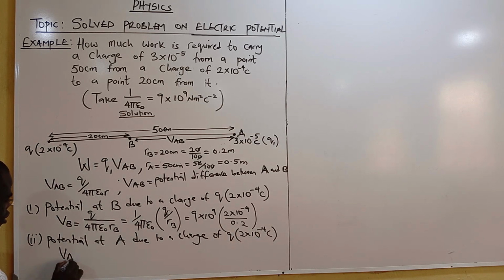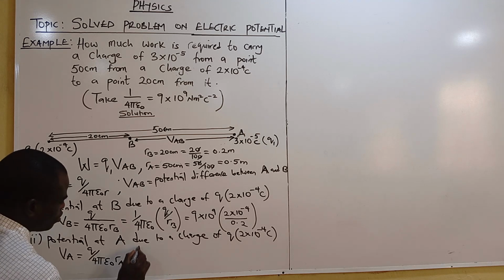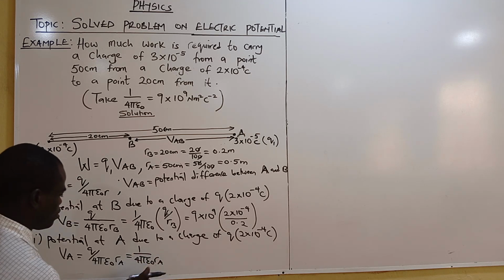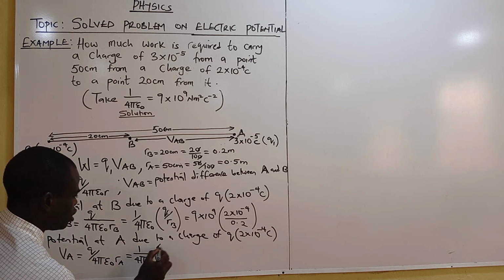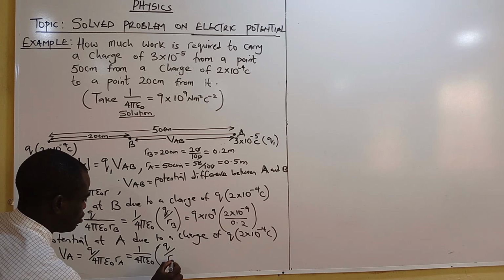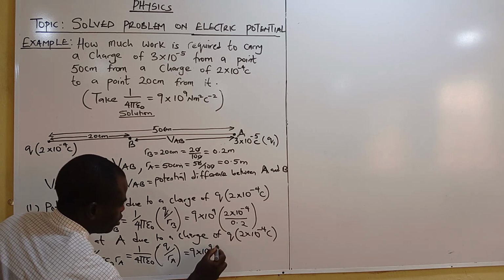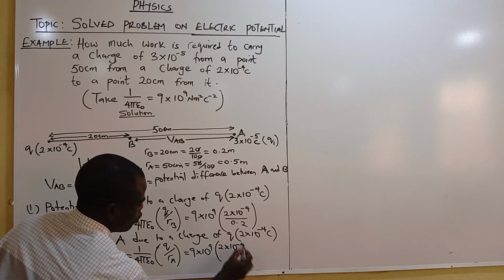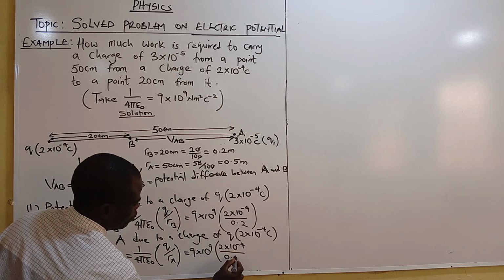Now VA will be Q over 4 pi E naught RA, which is 1 over 4 pi E naught times Q over RA, which is 9 times 10 to the power 9, times the same charge, 2 times 10 to the power minus 4, over, what is our RA? 0.5.